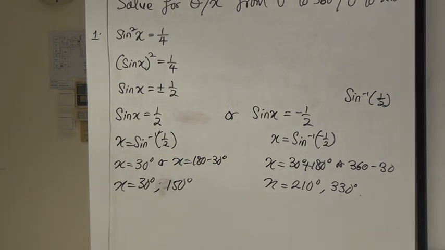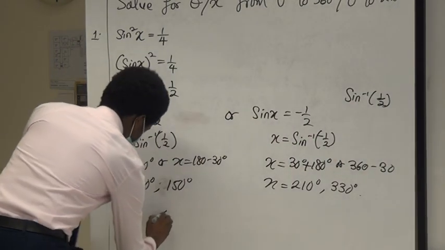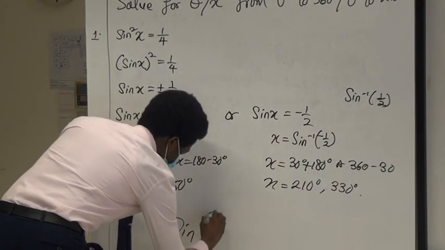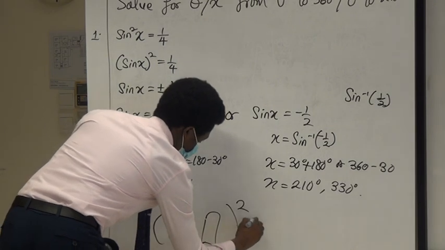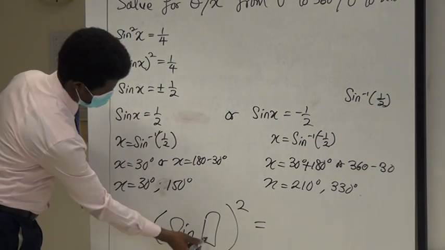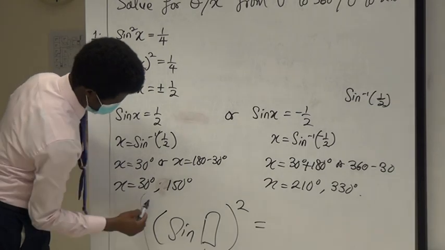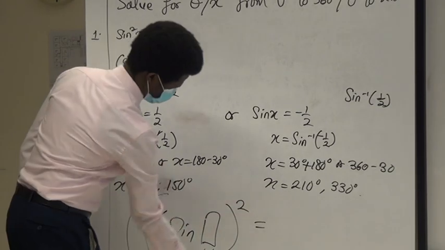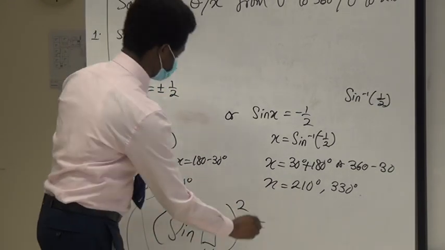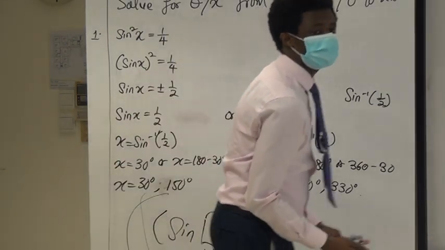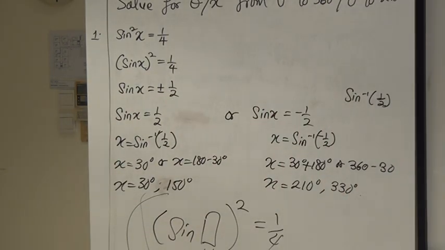What I want you to do is to check each of these. So you open your calculator, for example, open bracket, sine of that angle, close bracket, squared equals what? And substitute each of these here: 30, 150, 210, 330. Check if you get the 1 over 4 again, for each of them.